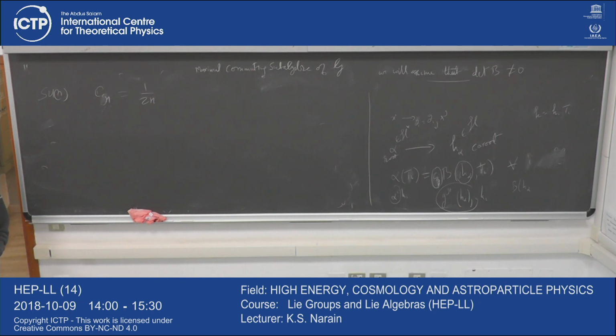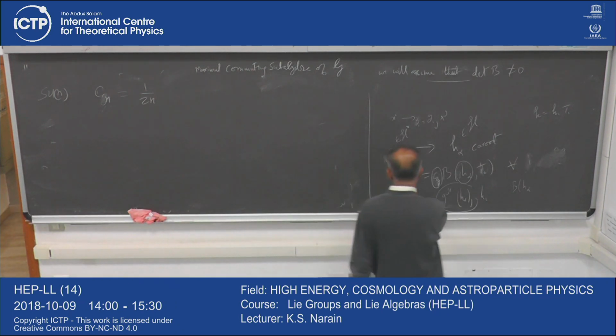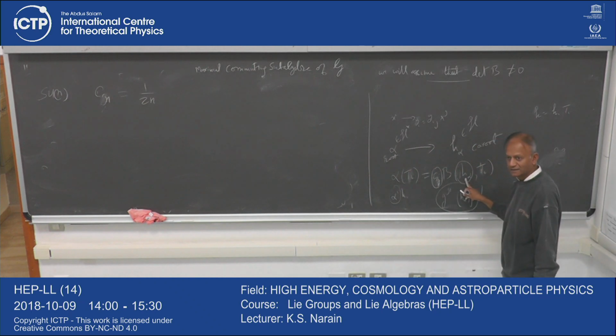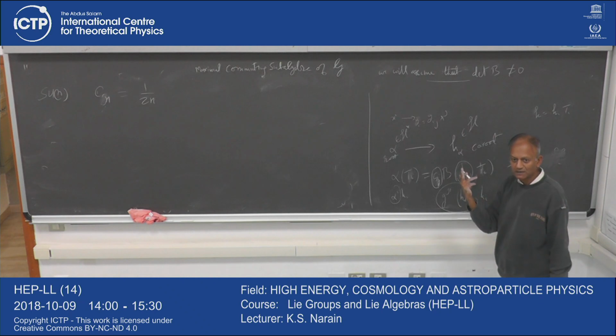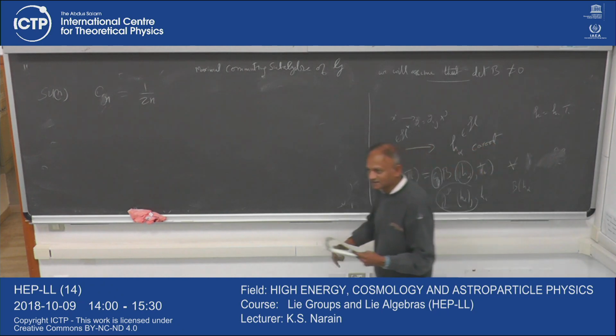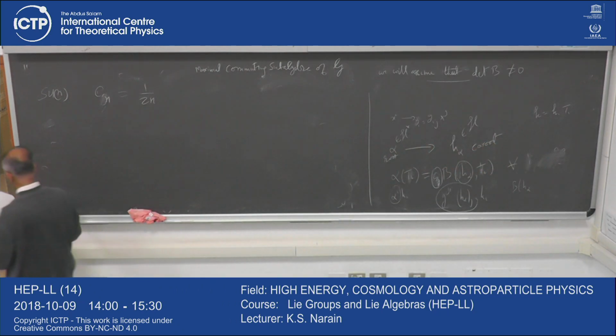Because after all, the Cartan subalgebra H is one-dimensional. There's one root alpha, or minus alpha, and so this map takes alpha to a particular element in the Cartan subalgebra, H alpha. But the Cartan subalgebra is one-dimensional, so this is going to be proportional to H itself. That is not surprising, right? So therefore, that's why it's trivial. So let's look at SU3.